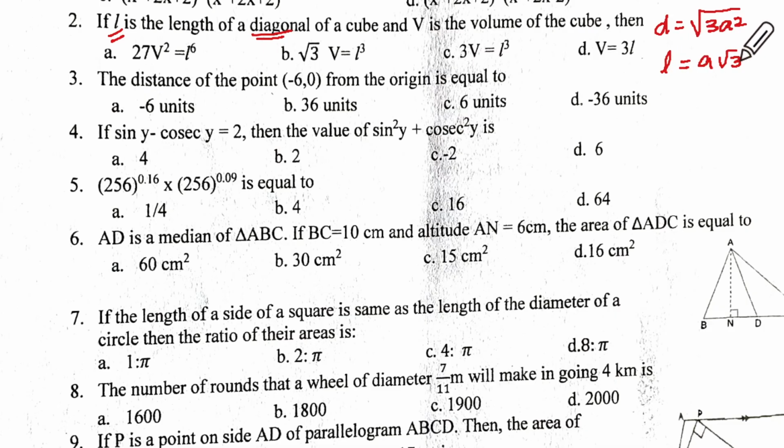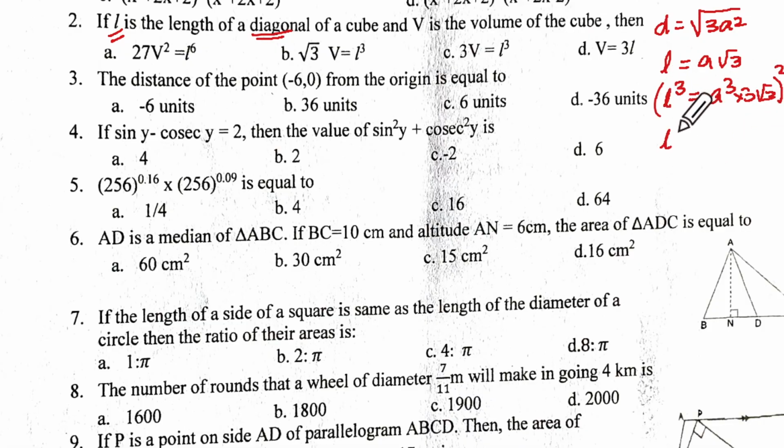Now they are telling you everywhere they have used L cube. Can you see over here? So if you make it L cube, L cube is equal to A cube into 3 root 3. If they take the square of L to the power 6, you will take the square of this entire thing.